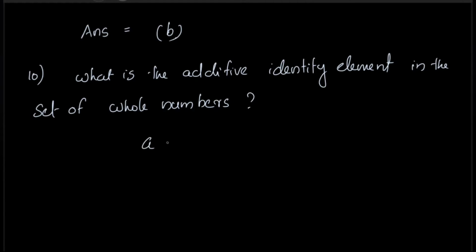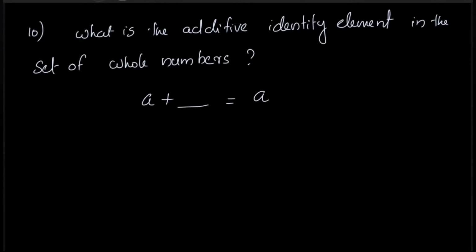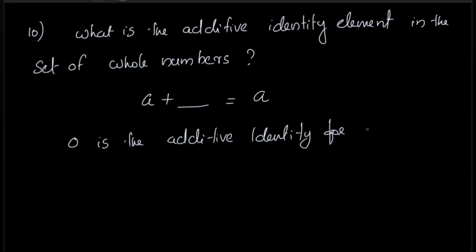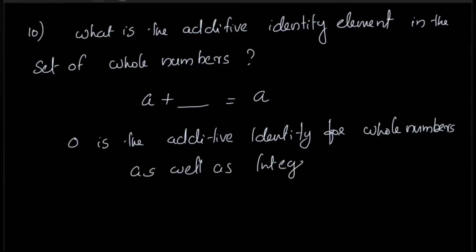Additive identity for an integer means when an integer is added with its identity, it gives the result as the integer itself. For that we have to add 0 with the given integer. So 0 is the additive identity for integers and at the same time whole numbers.